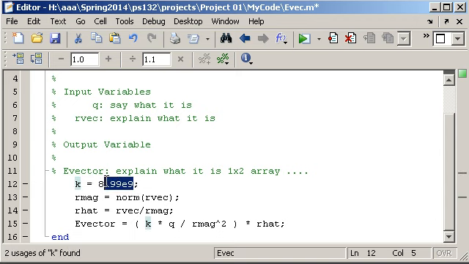And it's pretty obvious, especially when it comes down over here, down to the KQ over R squared. That works out. The R hat times Q, where if Q is negative, this E vector still has the correct direction. I don't think we need to explain that either.